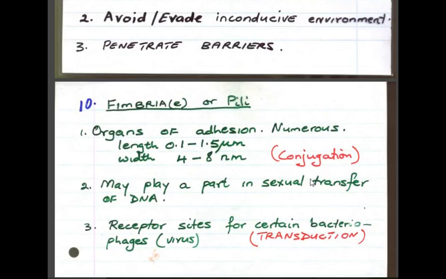And lastly, it will be an entry point for certain viruses that come in with foreign nucleic acid into the cell. Sometimes this is good for the bacterium, sometimes this is bad. So generally we can say fimbria are used in reproduction.